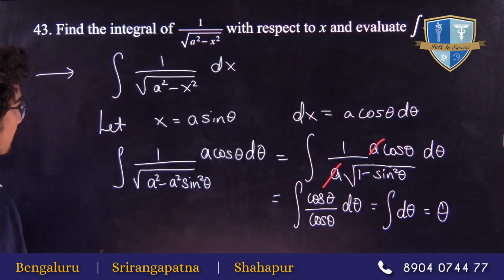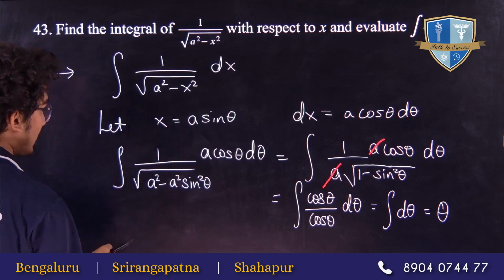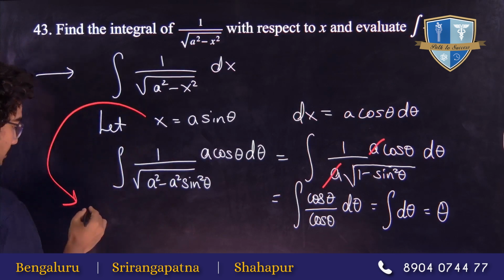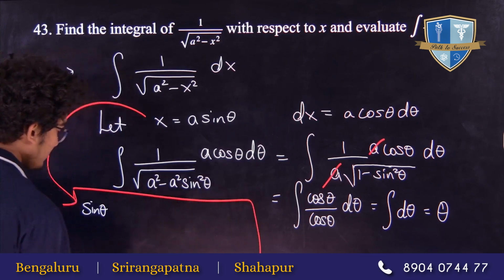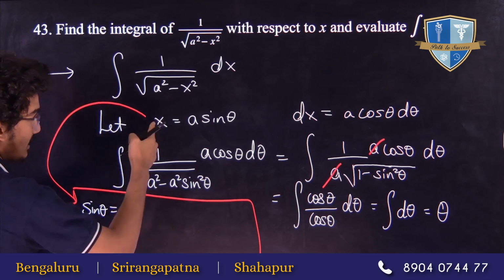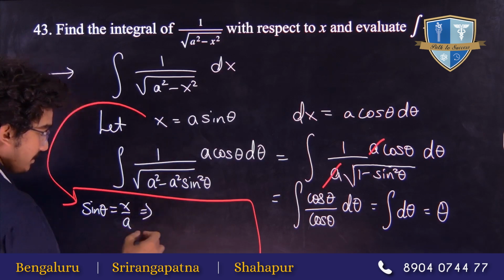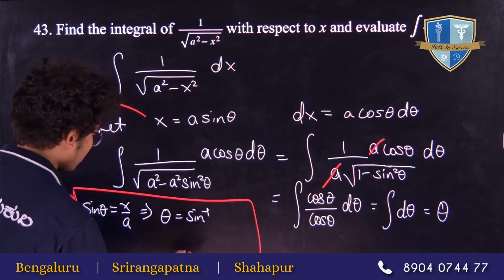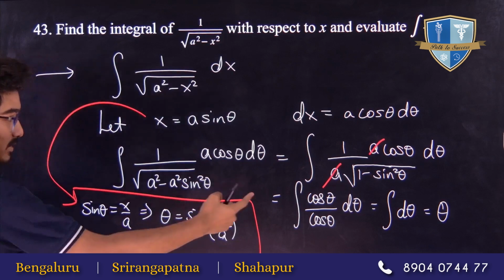Now what is theta? If you see this equation, we have assumed x is equals to a sine theta, means sine theta is equals to x divided by a, which implies theta will be equals to sine inverse of x divided by a, correct? So this is our integration.